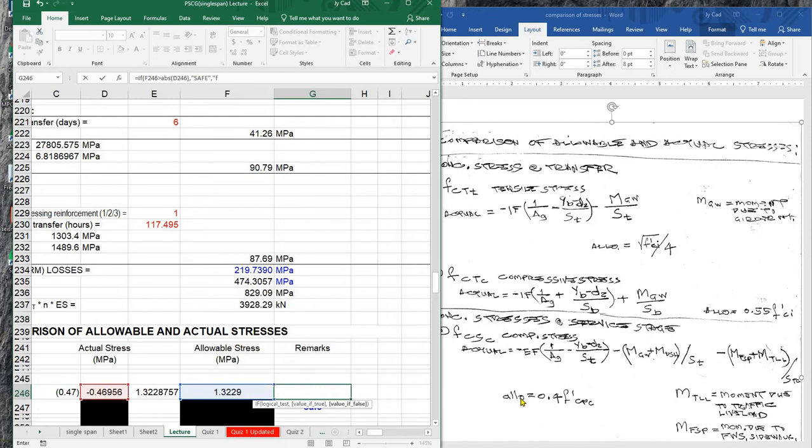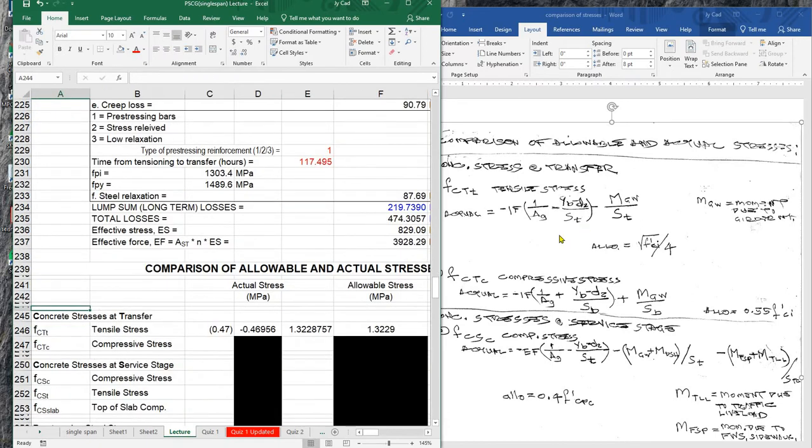Otherwise, you print fail. Yan. Okay? So, yung absolute value ng negative 0.47 is 0.47 and allowable is 1.32. Therefore, it is safe.